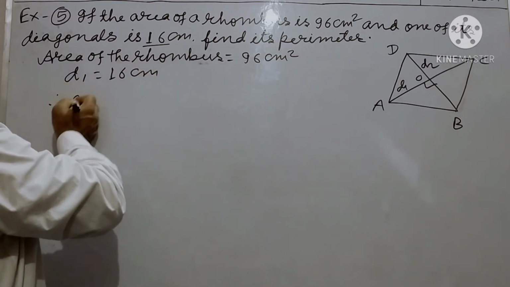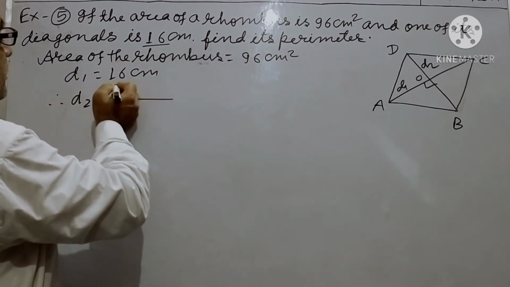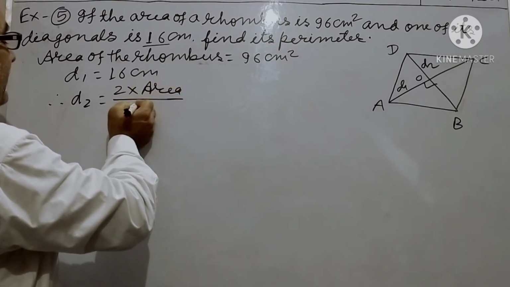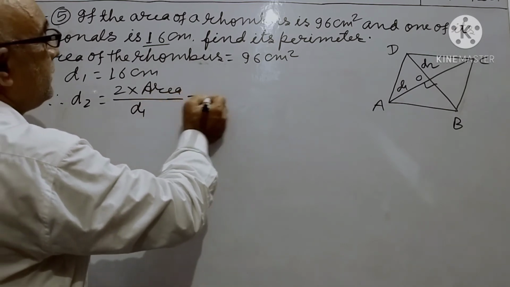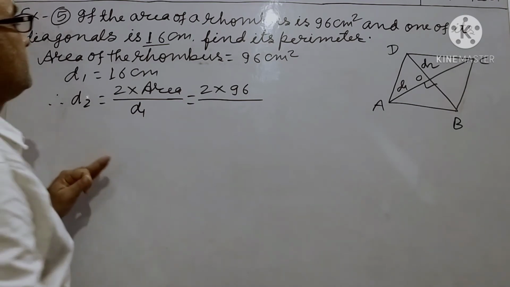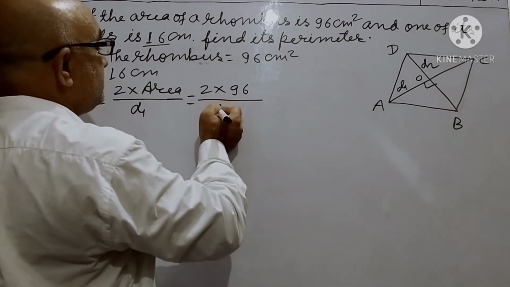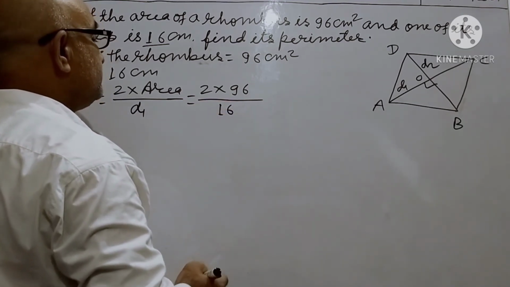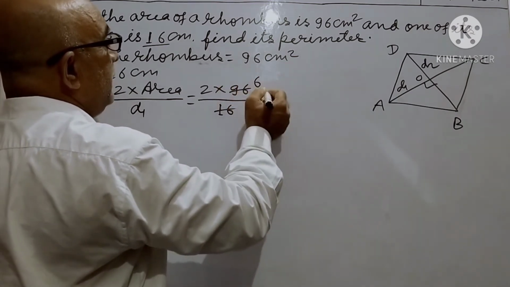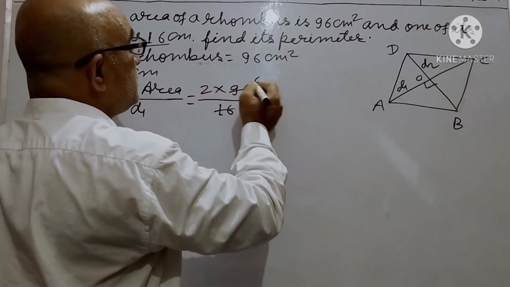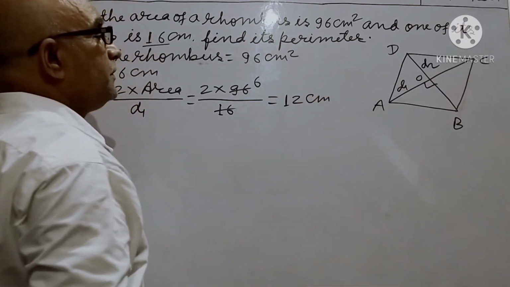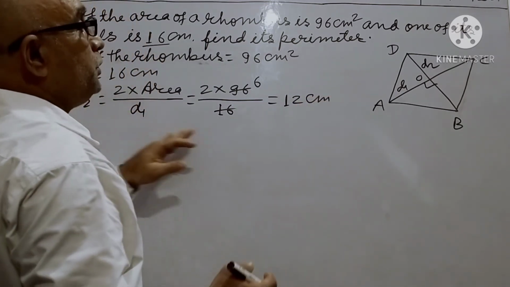So therefore diagonal D2 equal to, formula is 2 into area by diagonal D1, equal to 2 into 96 by 16. 16 6s are 96, so 2 into 6 is 12. Second diagonal D2 equal to 12 cm.